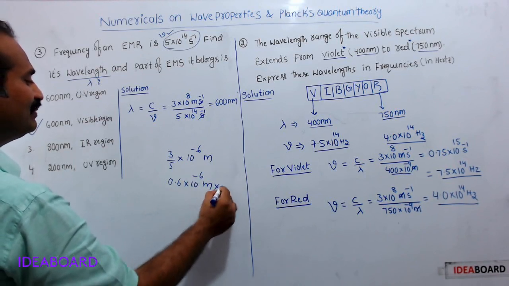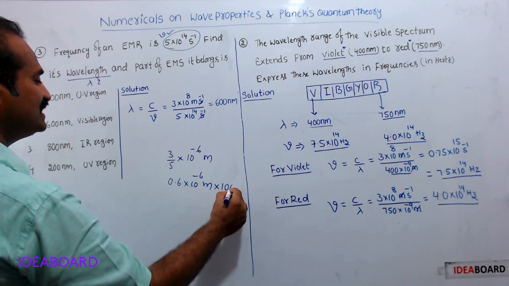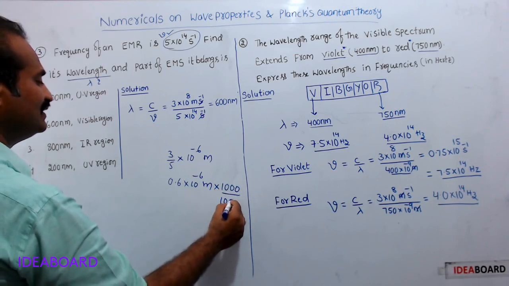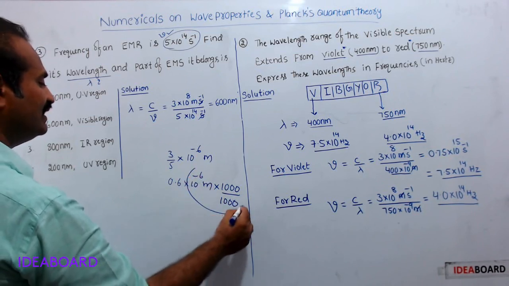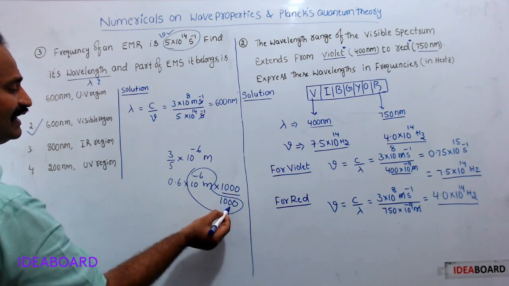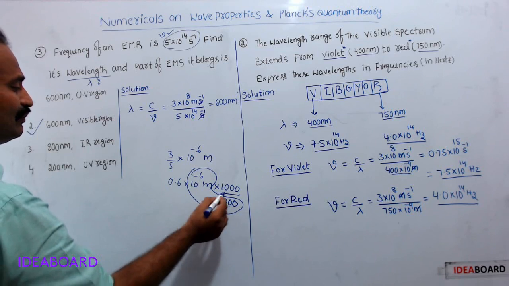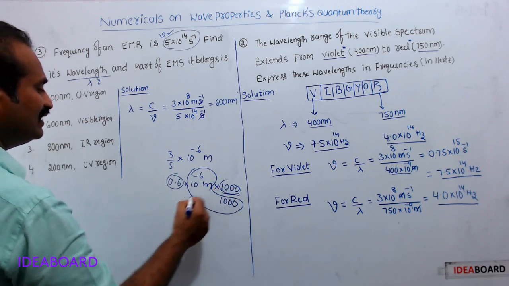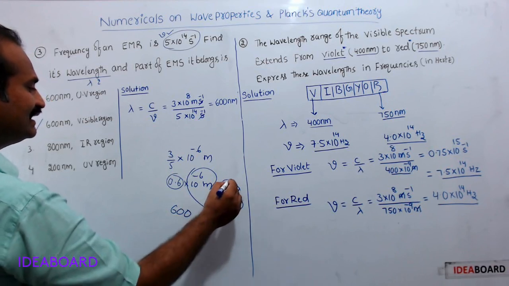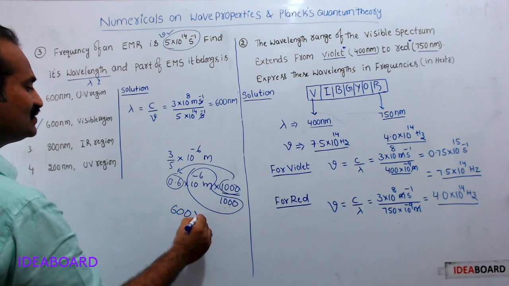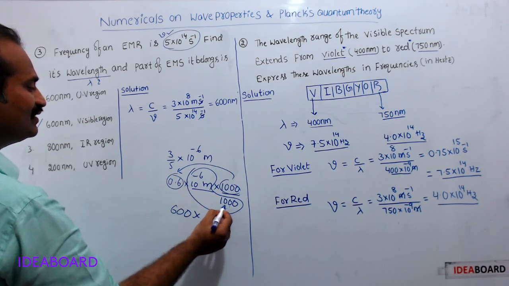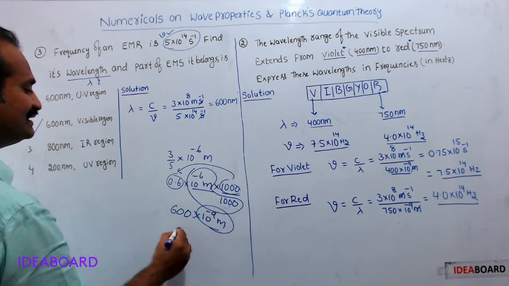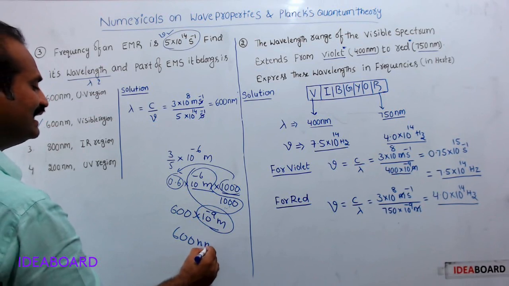Multiply and divide by 1000: 0.6 into 1000 gives 600, and 10 power minus 6 divided by 1000 is 10 power minus 9 meter. 10 power minus 9 meter is nanometer, therefore 600 nanometer.